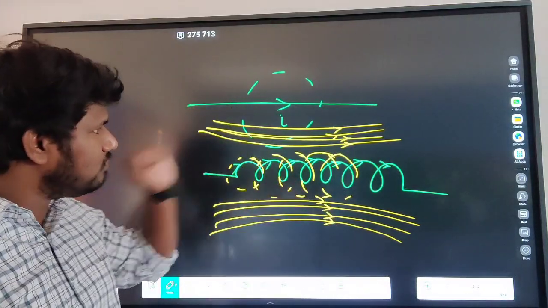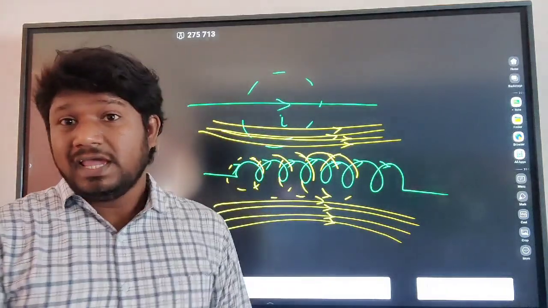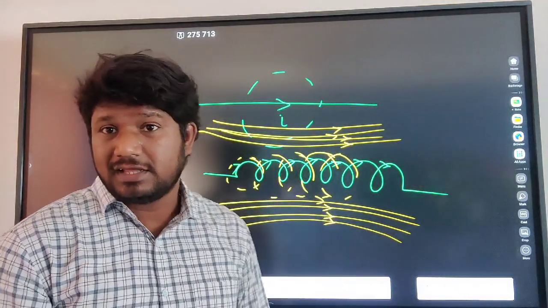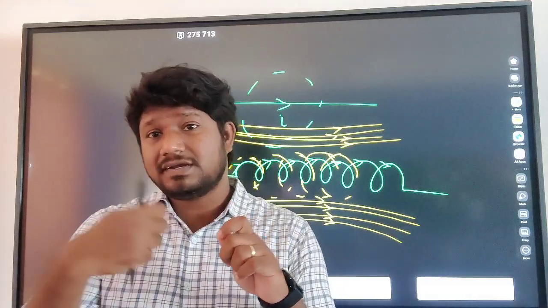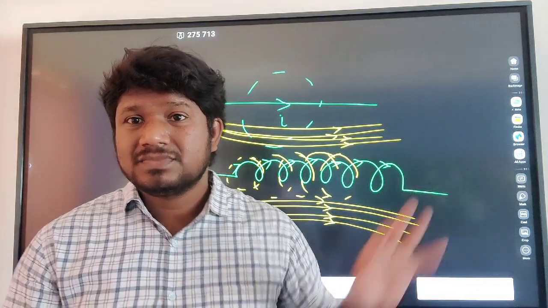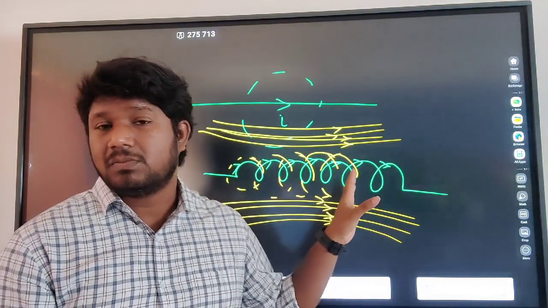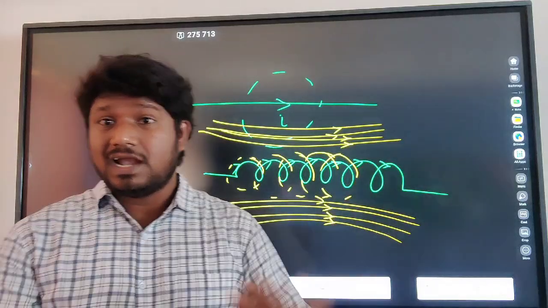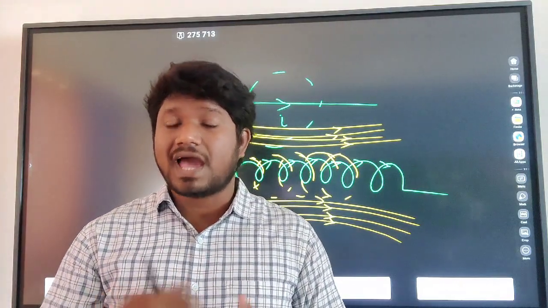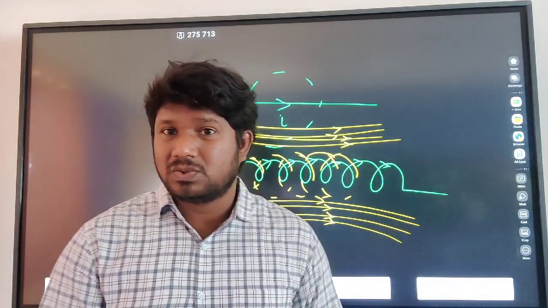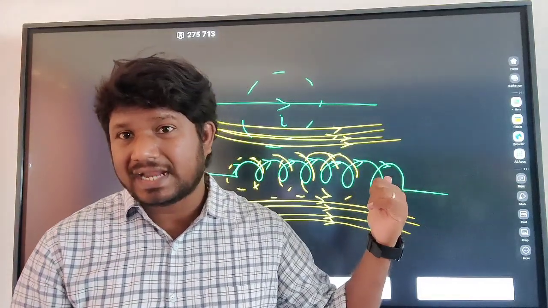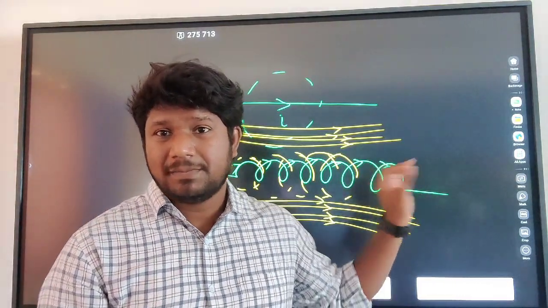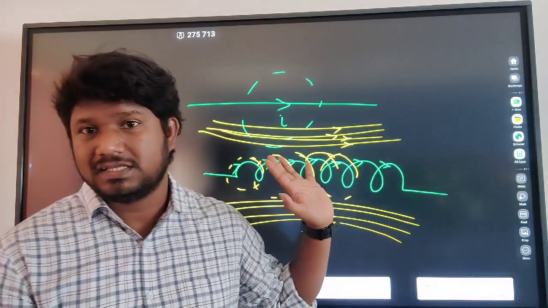Instead of using a single conductor, if I use the same conductor with multiple twists and turns, what happens? It will produce a large amount of flux. That large amount of flux only I want. For that purpose, I am going to use an inductor. This is the main idea about inductance.